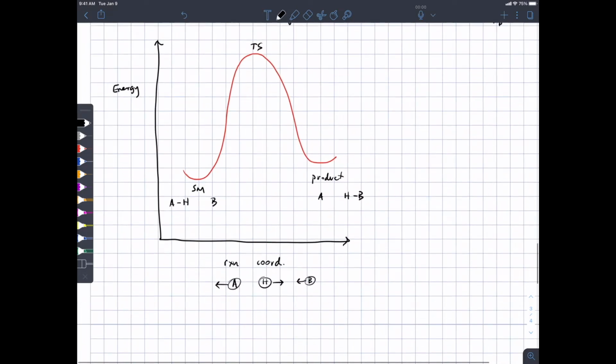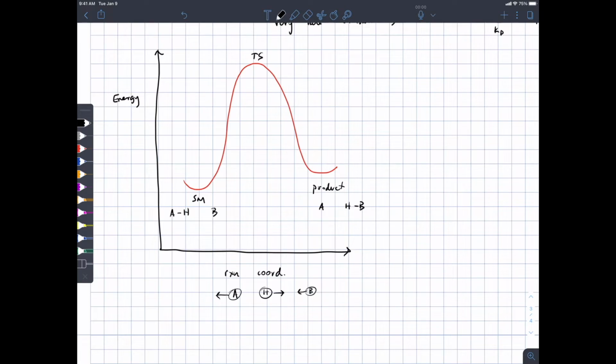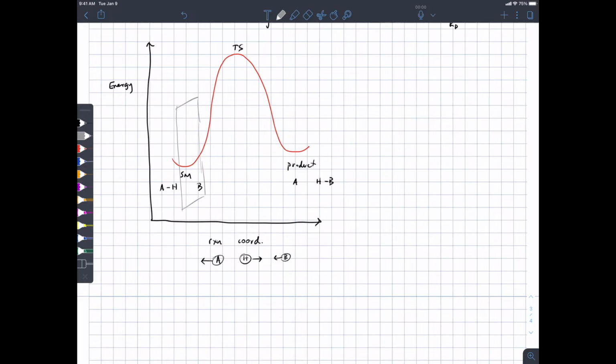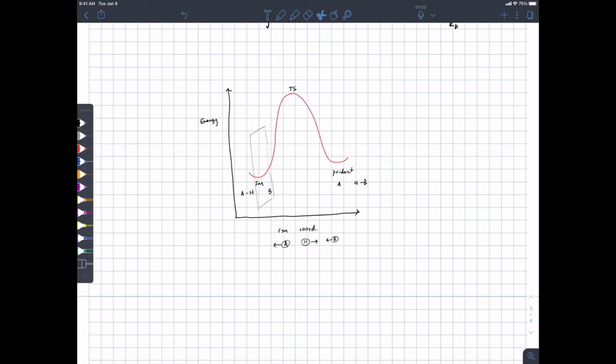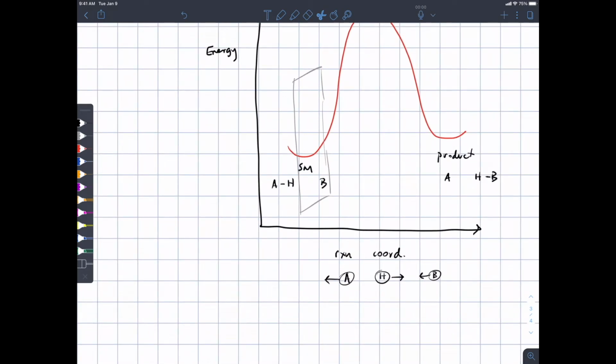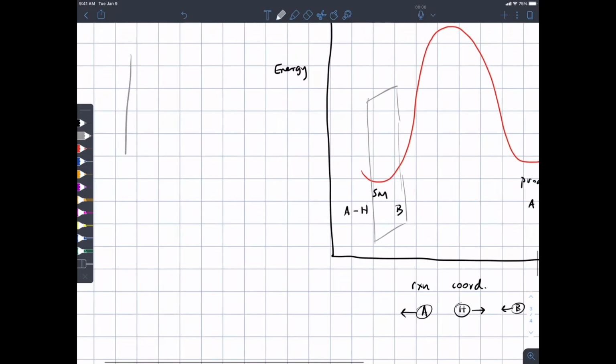Then let's consider that we're taking a slice of the transition state looking at the following vibration.